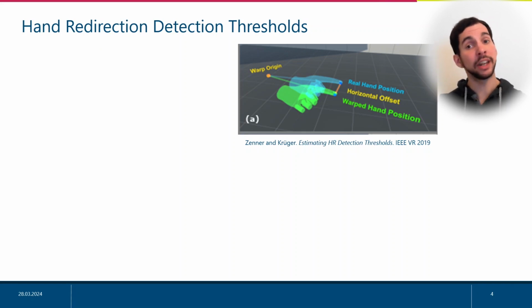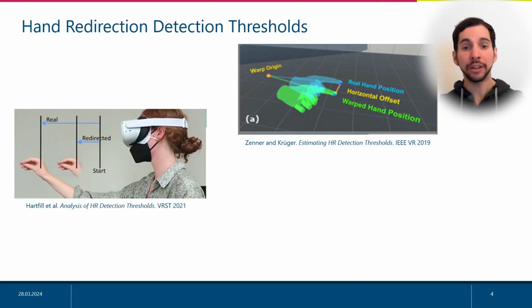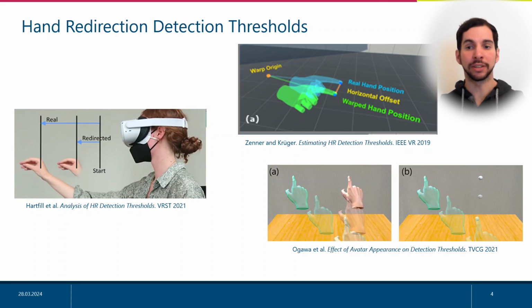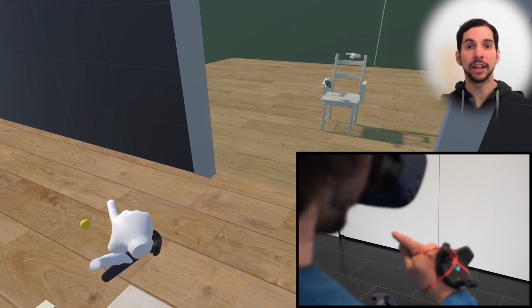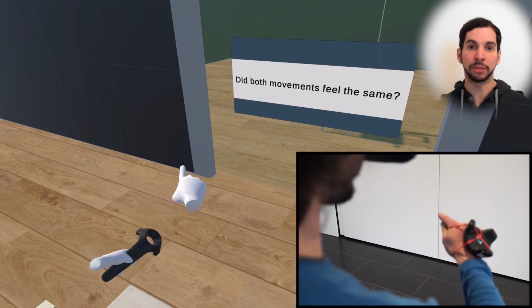For example, Zenner and Krüger report estimates for detection thresholds not just in the horizontal, but also in the vertical and depth axis, while other studies looked at the effects of movement direction or hand representation on the detection thresholds. Yet, current detection thresholds have only been studied with mid-air floating hands that are disconnected from a user's body.